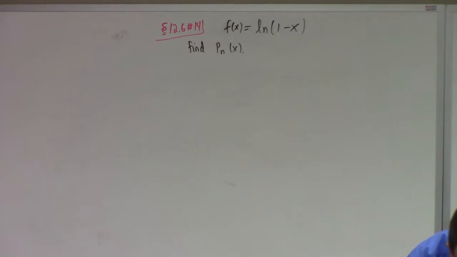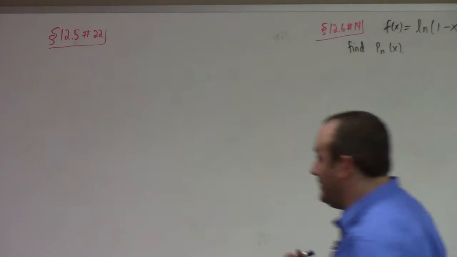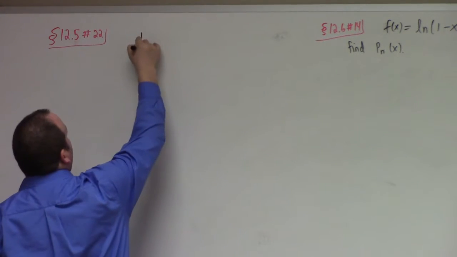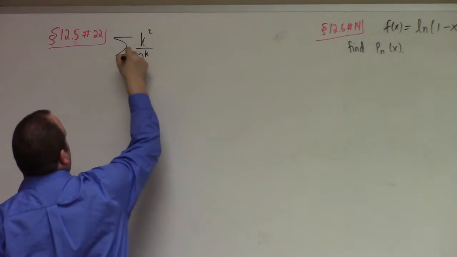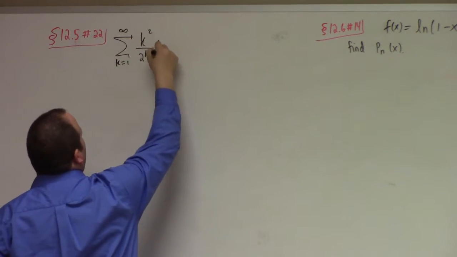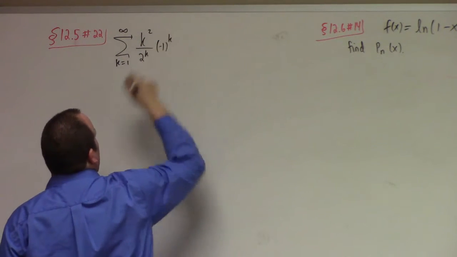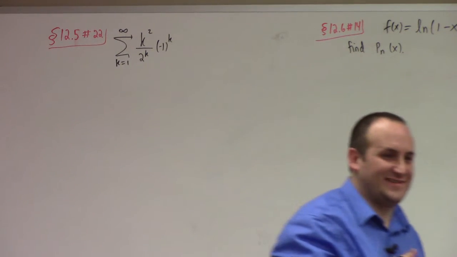12.5. The sum from k equals whatever of (-1)^k times k squared over 2^k, right? Now, the whole thing I just erased is kind of no fun when you're just working in the alternating series estimation test section.